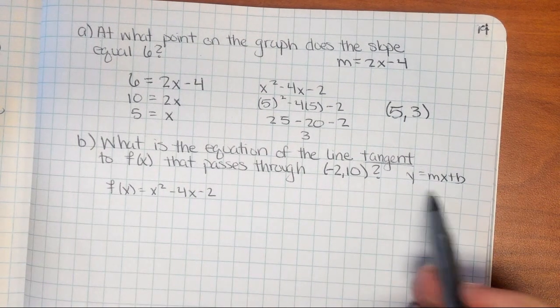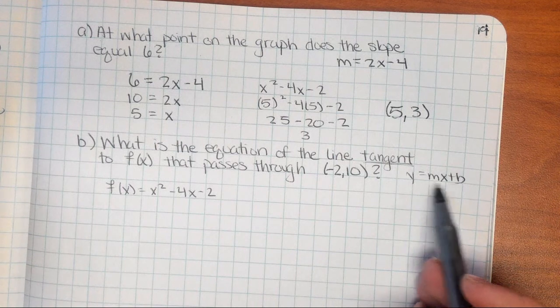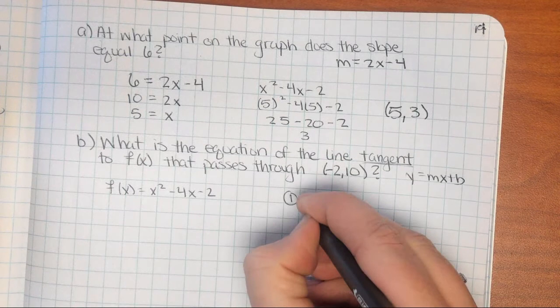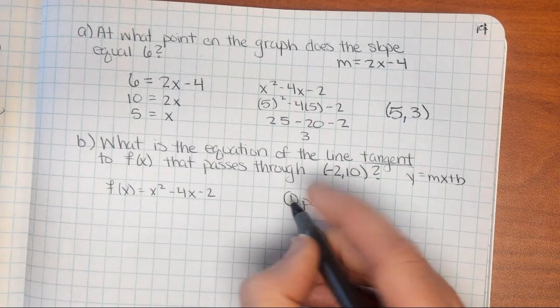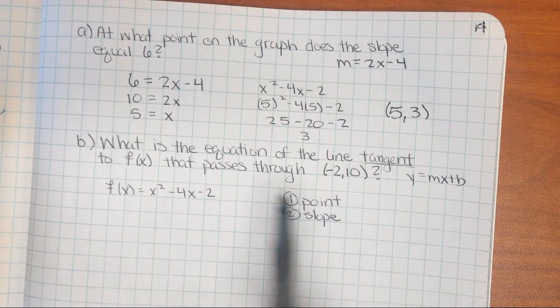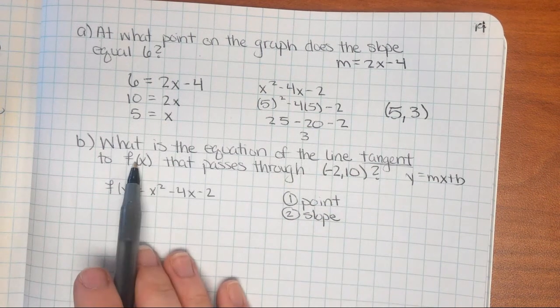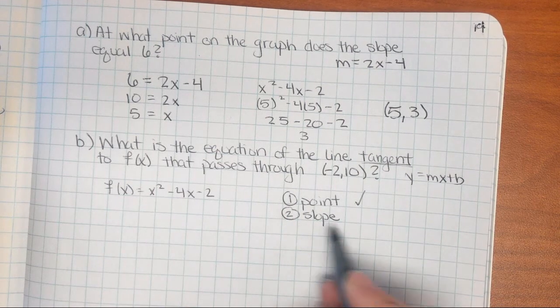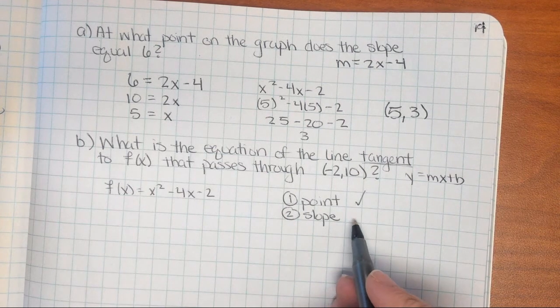But realize, if I am trying to create this equation, they have to give me two things. They have to give me a point, and I have to know the slope. According to this problem, I absolutely know the point. The point is given.